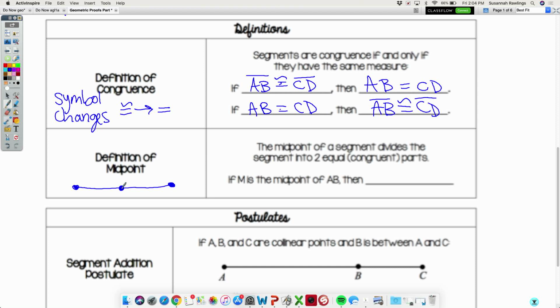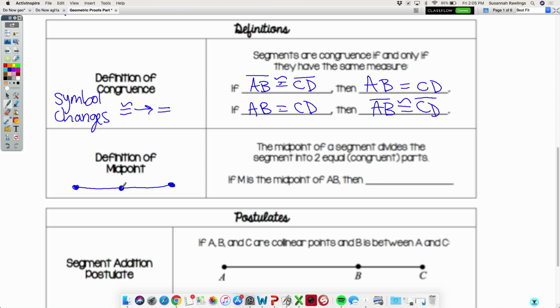Am I going too fast? Okay, I'm looking for your picture. Where would I put the point if M is in the middle of A, B, right? M is the midpoint. So where would I put my point?